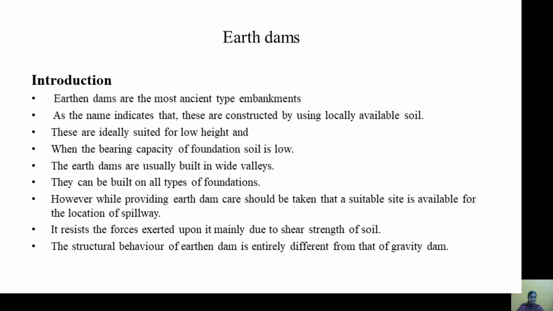In gravity dam, all the force exerted by water pressure and wind pressure will be resisted by the weight of the dam itself. But in earthen dam, the force exerted upon it is resisted with the help of shear strength of the soil and weight of the dam.